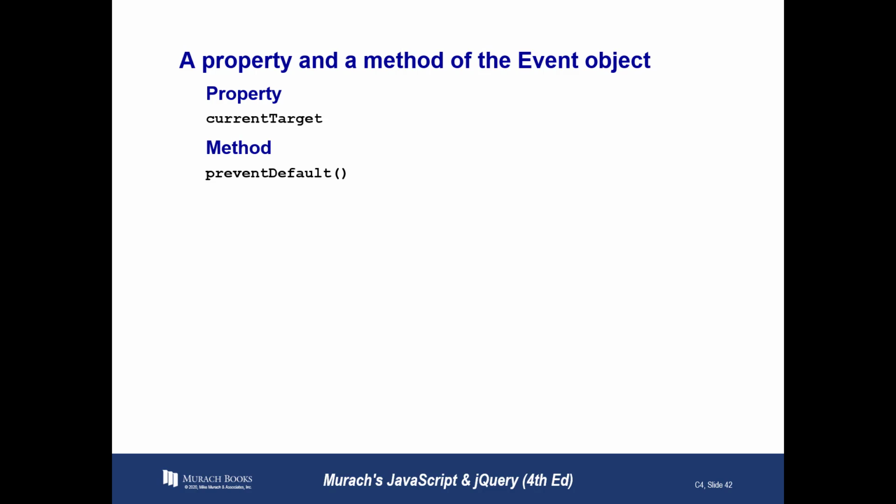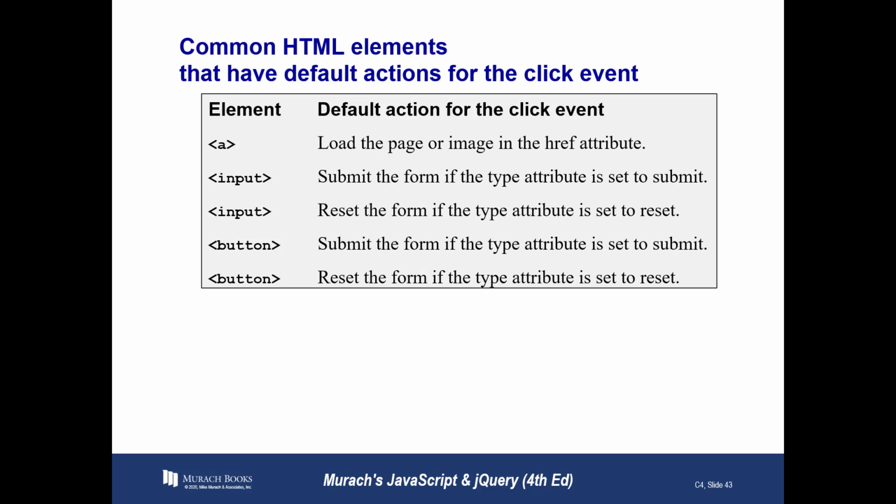If you do an event.preventDefault, almost always what you'll be using it on is a hyperlink or a button. When you click something, if you don't want the default action to happen, you can call the prevent default, and that'll stop the default action from happening. All right. There's also a current target. Let's see if we can talk about those a little bit in here.